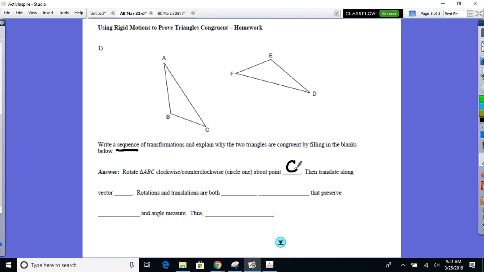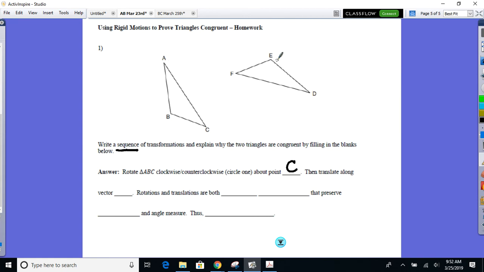Clockwise or counterclockwise? Because remember, C's got to match up with F, A with D, B with E. So I'm going to keep point C where it is. Where do I want to move point A to get to D, B to get to E?